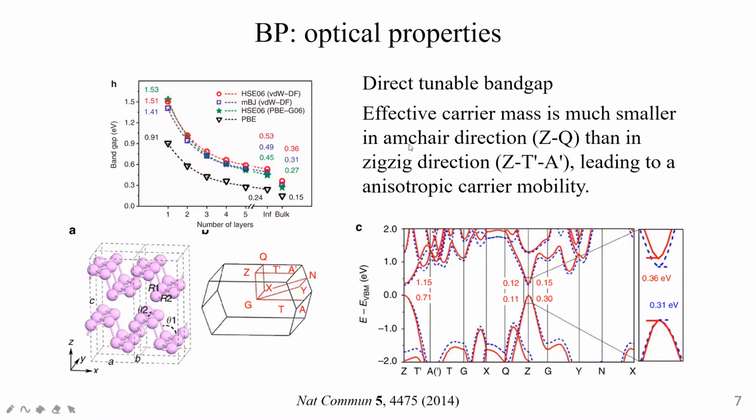Besides, the effective carrier mass is much smaller in the armchair direction. That is ZΓ in this direction, and on the first Brillouin zone, this ZΓ is much smaller in the armchair direction compared with the zigzag direction, that is ZT here, this direction.